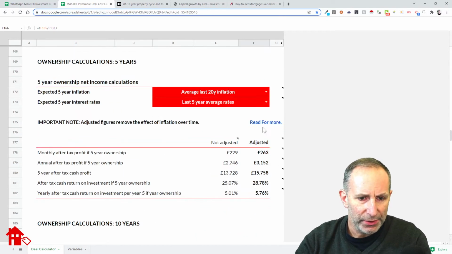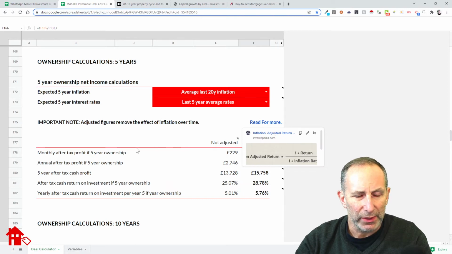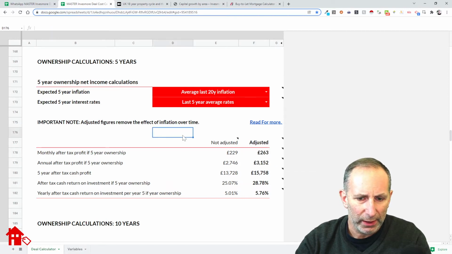Now, the next thing is, what about the next 5 years? How's it all going to look then? And if you factor in inflation, which you should always do, then you could say that interest rates, if you look at the macroeconomic picture here, the likelihood is that we're in for relatively low interest rates, relatively high inflation.